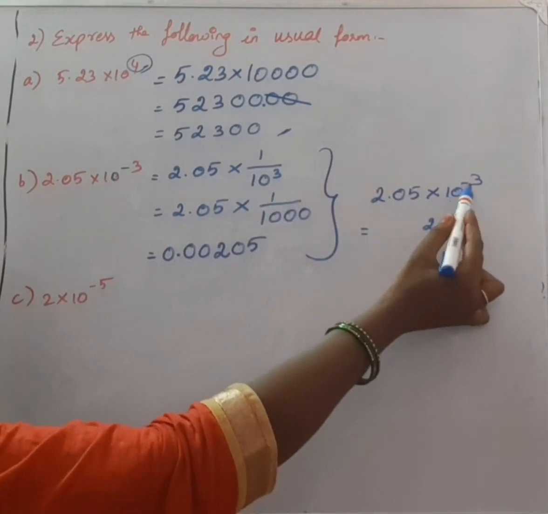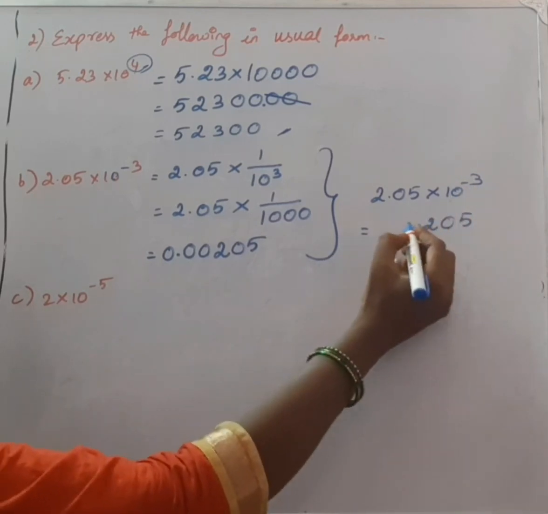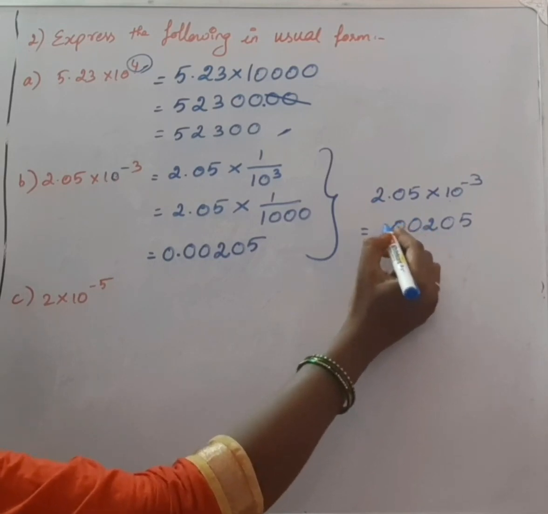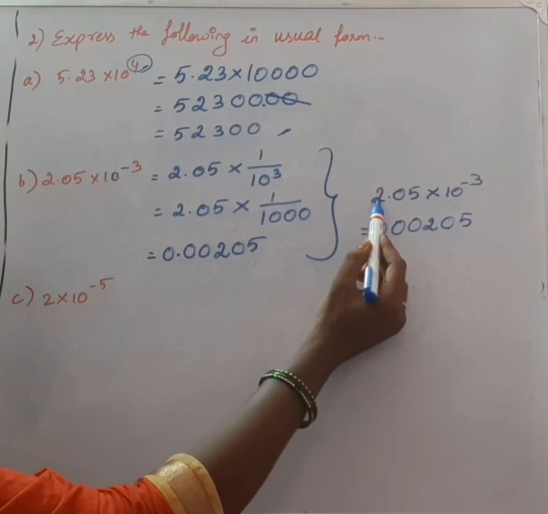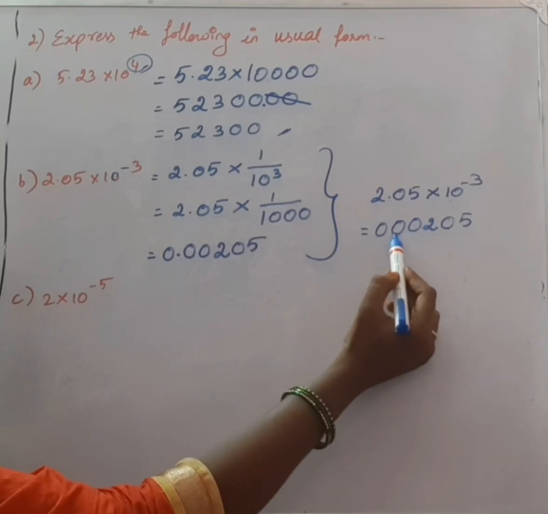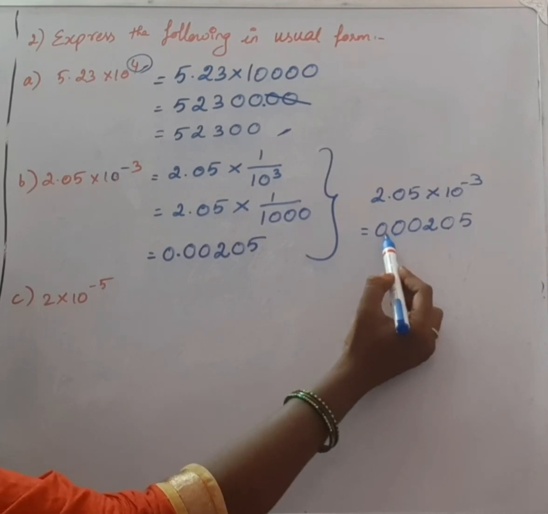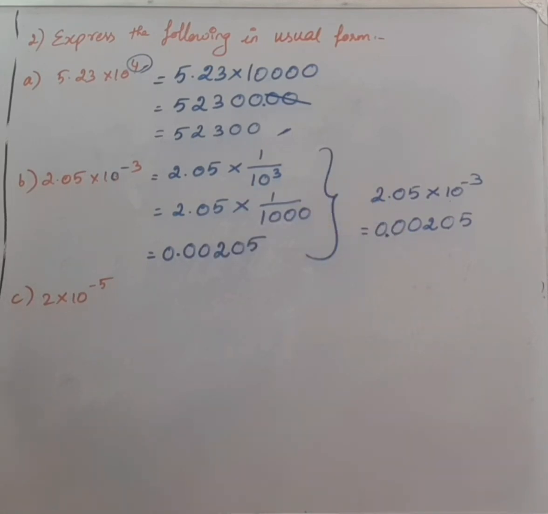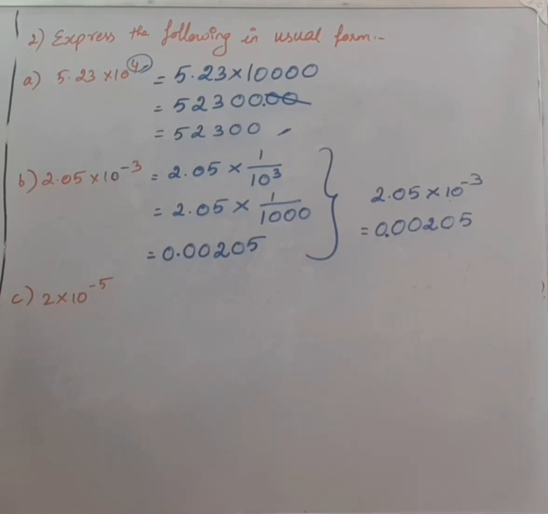Now 10 power -3 means we want to add 3 zeros. So 1, 2, 3. So we put 3 zeros here. Now after this decimal place we take 3 digits. So 1, 2, 3. So 0.00205. Within a single step, we are able to write the answer here.